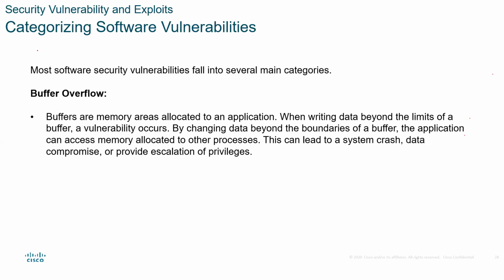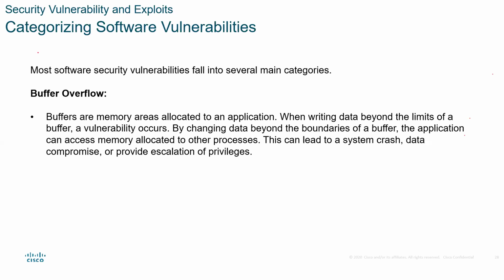Categorizing software vulnerabilities. Most software security vulnerabilities fall into several main categories. We have the buffer overflow. Buffers are memory areas allocated to an application. When writing data beyond the limits of the buffer, a vulnerability occurs.